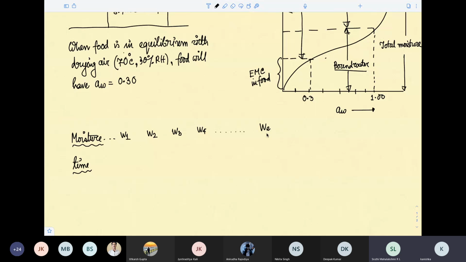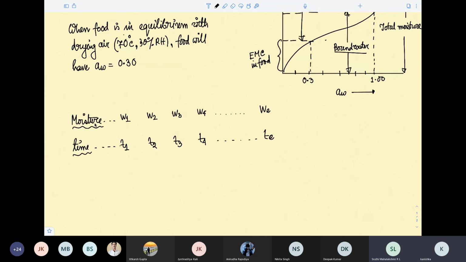Why we are saying E is the equilibrium moisture content, because up to that we can remove the moisture. We cannot go below that level, because this one is in equilibrium with the hot air. So time is, let's say, T1, T2, T3, T4, and TE. So these are the weights we are taking.